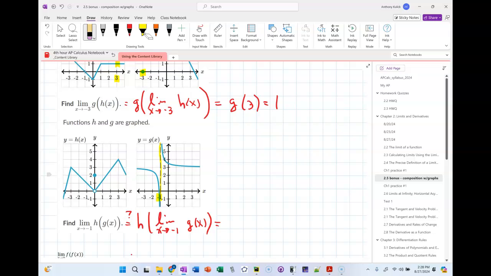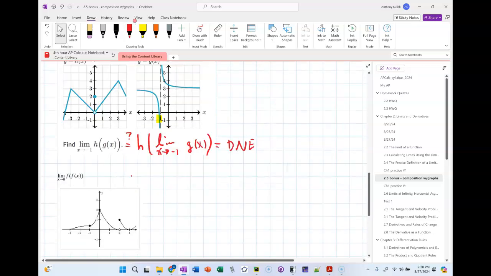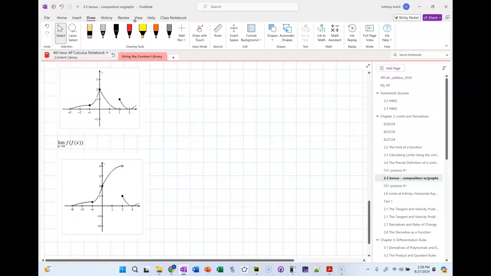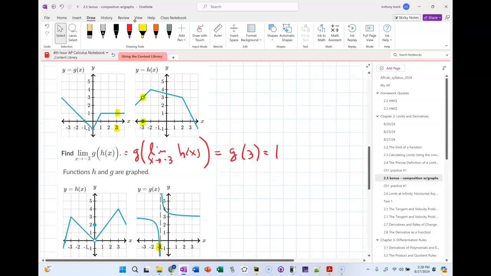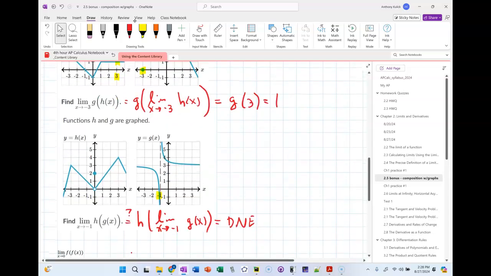What do we think? Well, what's the left-hand limit? What's the right-hand limit? Positive infinity. So what do we say? Now, did I set this up wrong? What is going on here?